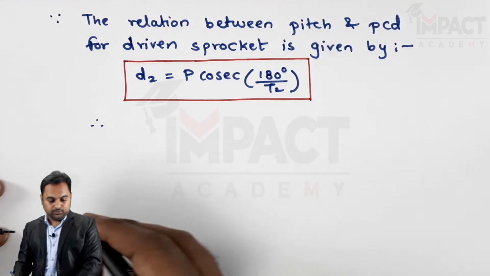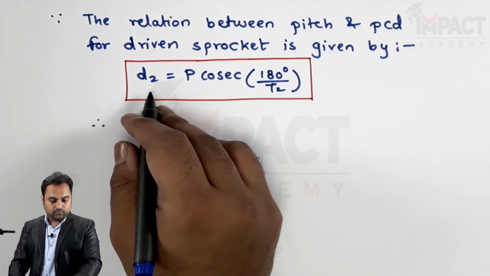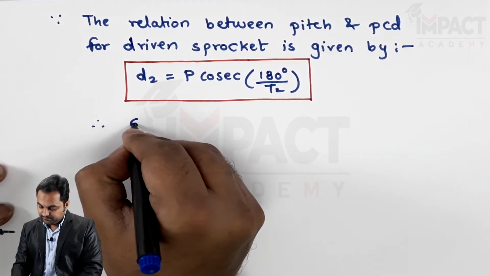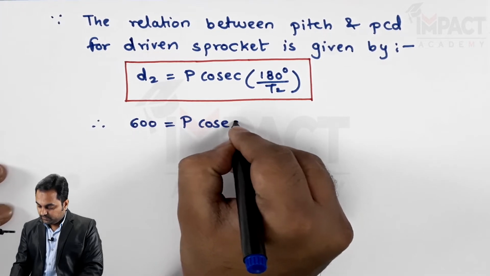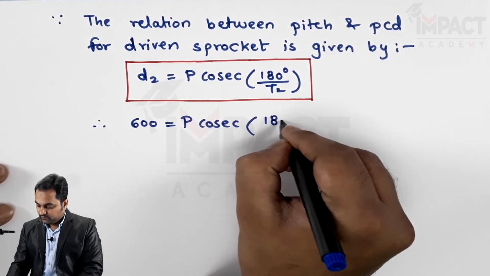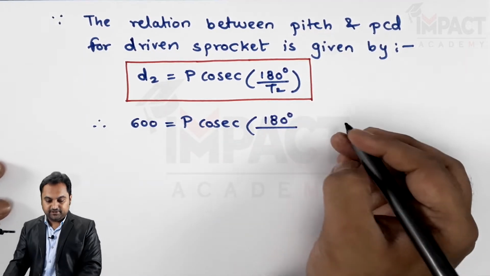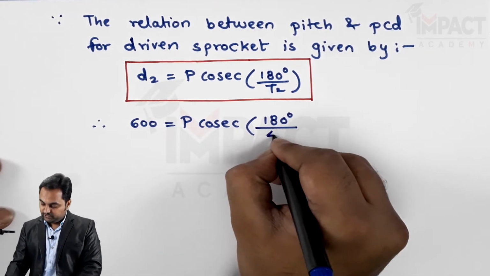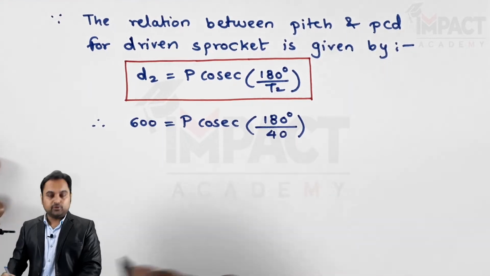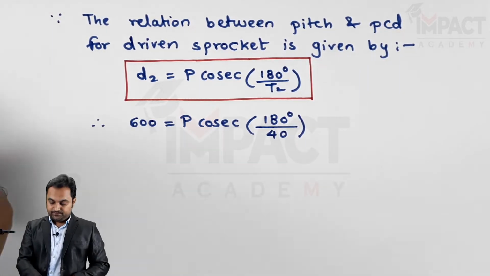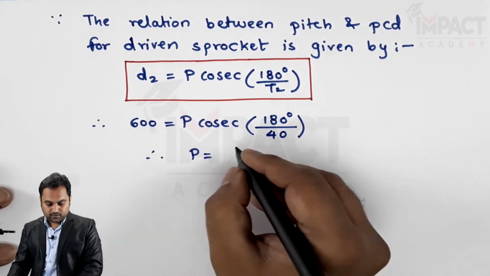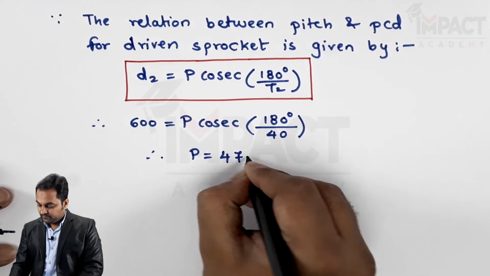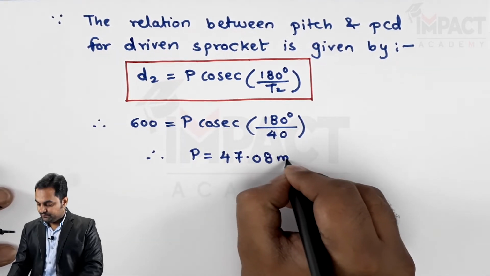Therefore, D2 value was given, it was 600. Pitch into cosec 180 degree divided by T2, which was 40, the number of teeth on the driven sprocket. So finally pitch comes out to be 47.08 mm.